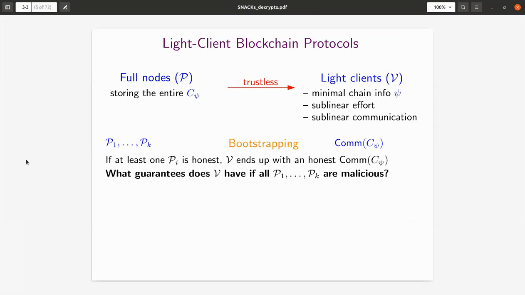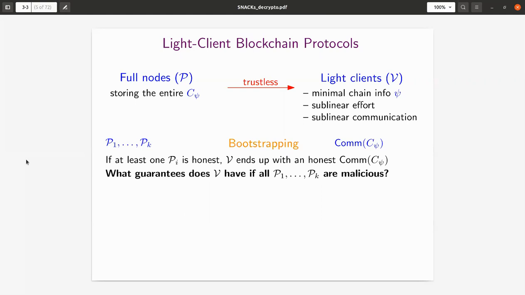They can all be malicious, or the verifier can have the chance to read a proof from one prover. What does the verifier have as a guarantee in this setting? This has not been studied as far as we know, and this is the main question that we would like to answer.